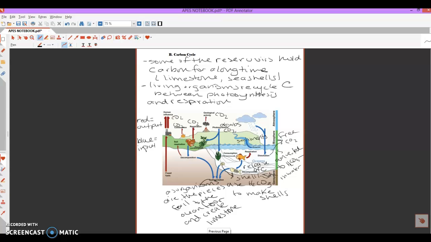Okay, now let's talk about outputs. So here's this term, fossil fuels. Fossil fuels are going to be things like oil, natural gas, and coal. And this is also made from decomposed animal and plant life.